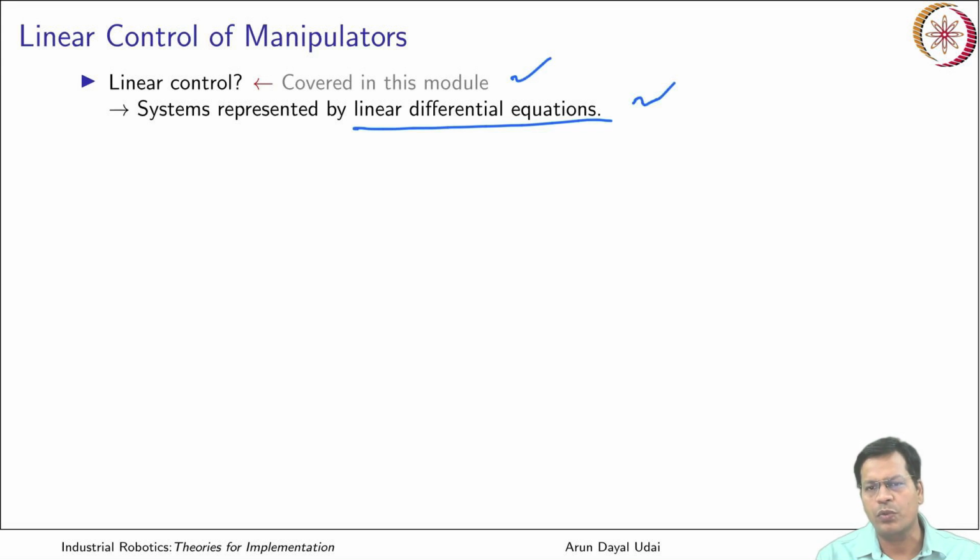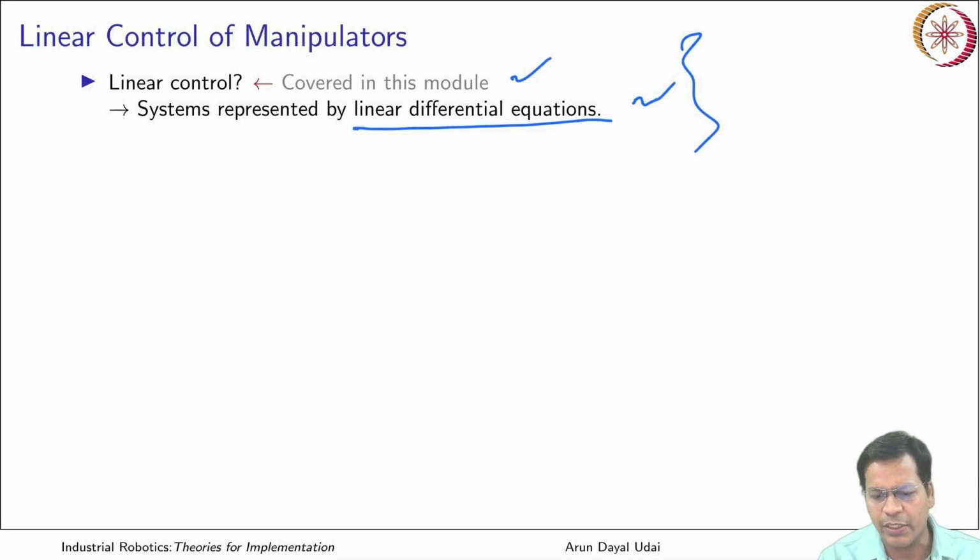I'll show you how to work with this limitation and still do a good amount of control of your industrial robot. So what is linear control? What do you mean by a linear differential equation first of all?